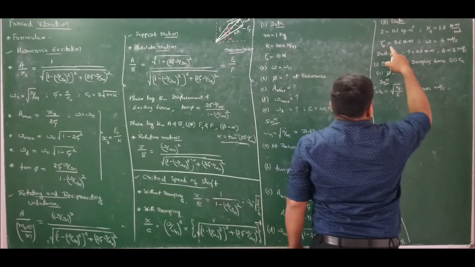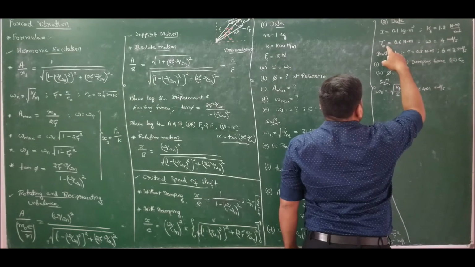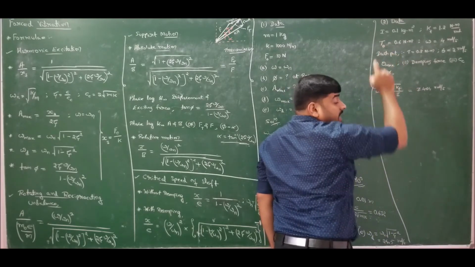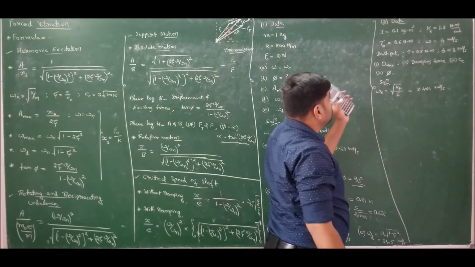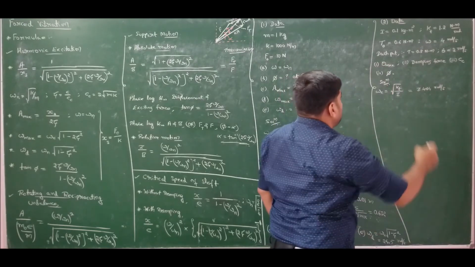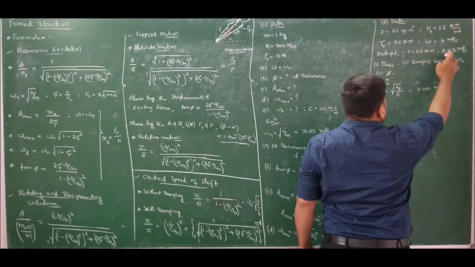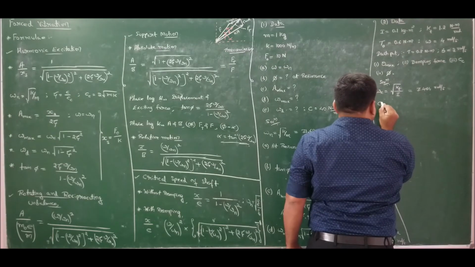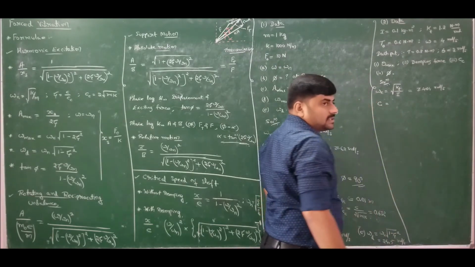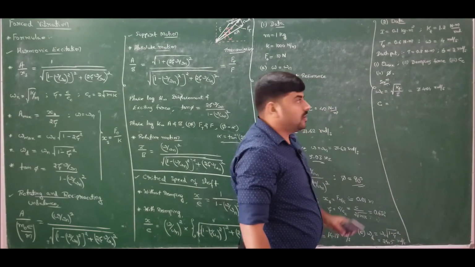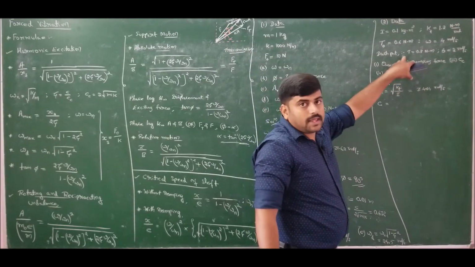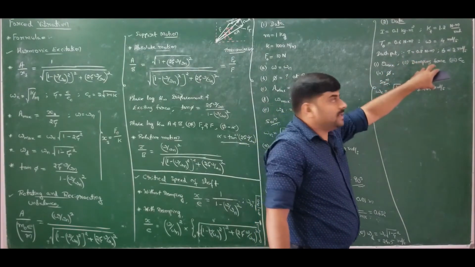Now we are given the torque applied, so this is F. Instead of F naught, I should take T naught because we are using torsional analysis. Now coming to the dashpot, we have damping torque per unit velocity. Damping coefficient is defined as damping force per unit velocity. Force should be replaced by torque and x dot should be replaced by theta dot.